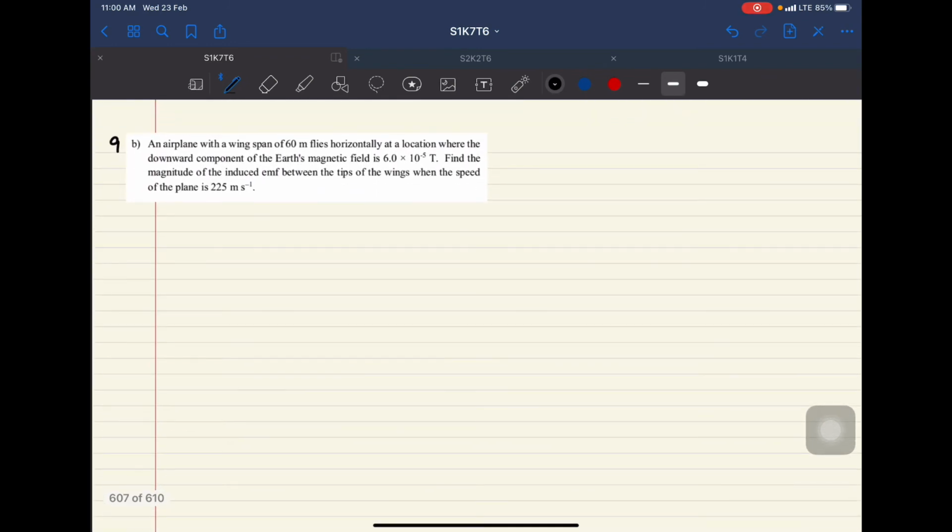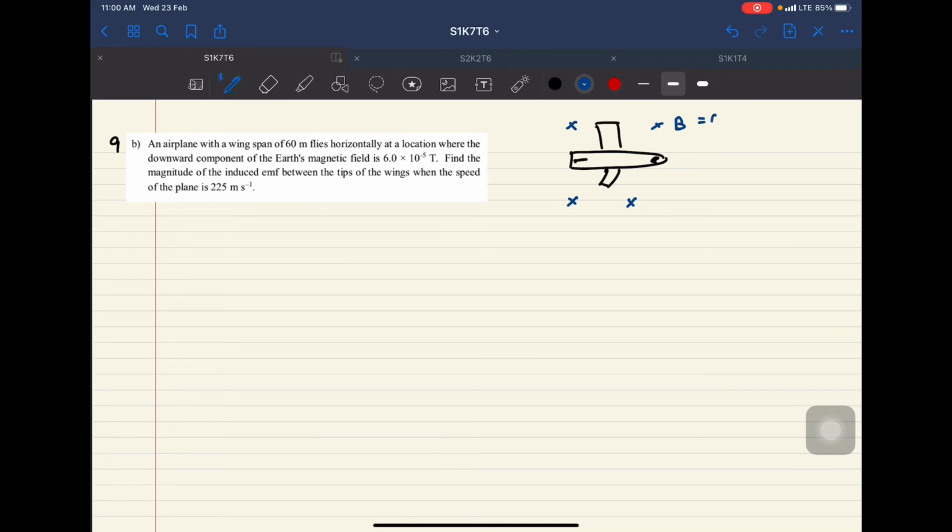An airplane with a wingspan of 60 meter. Oops. So maybe this is the airplane. Maybe you can see like top view, something like that. And it moves across a magnetic field where the downward components, so we focus on downward components of Earth magnetic field.